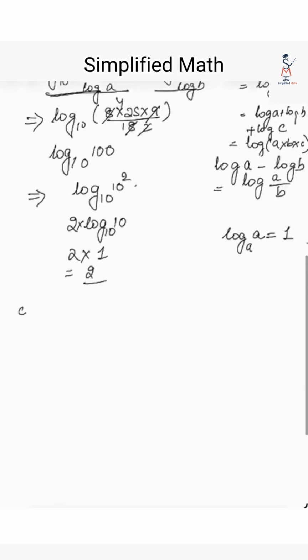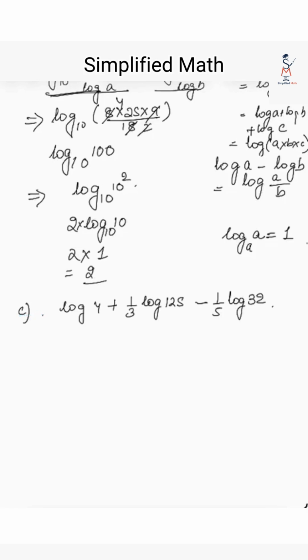Fine. Now we'll see the third one, that is log 4 plus 1 by 3 log 125 minus 1 by 5 log 32. Now we know the rule that n log a is log a to the power n.